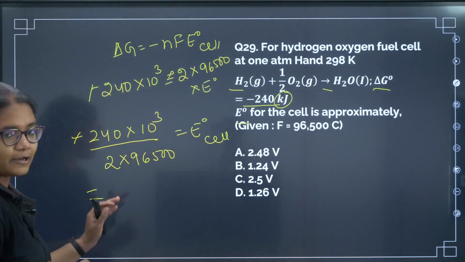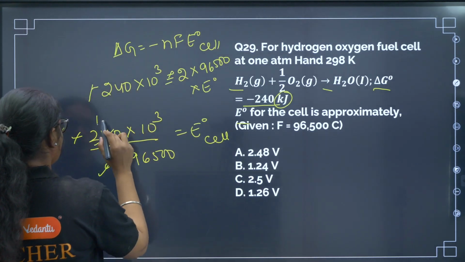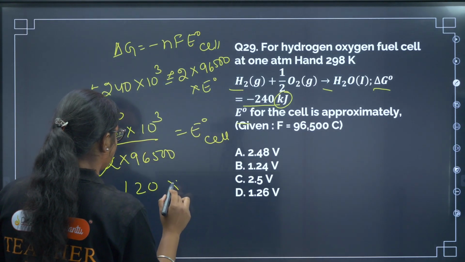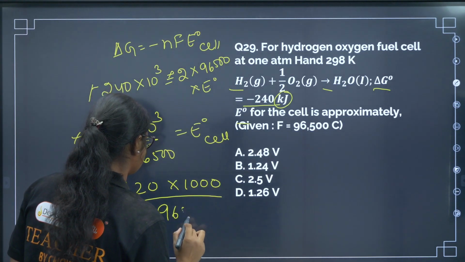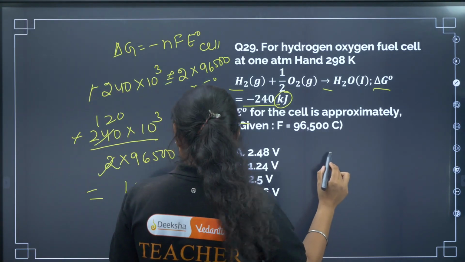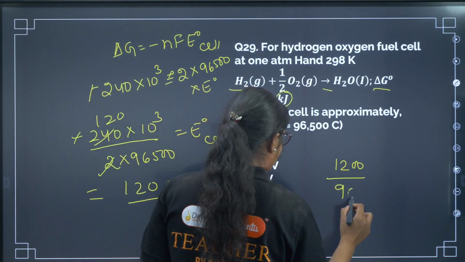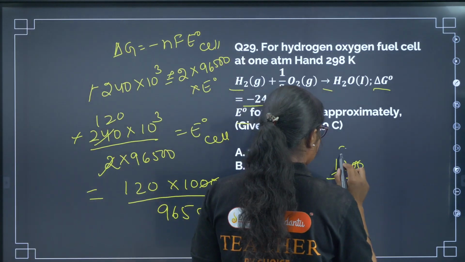You can do this calculation part. So we have 120 into 1000 divided by 96500. We can cancel these two, so we'll have 1200 divided by 965.